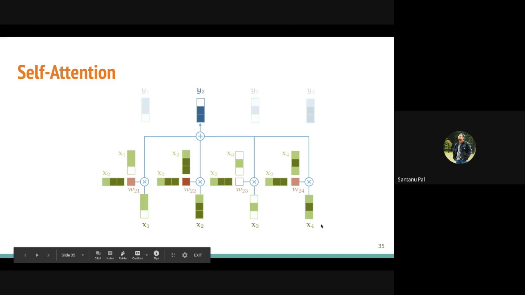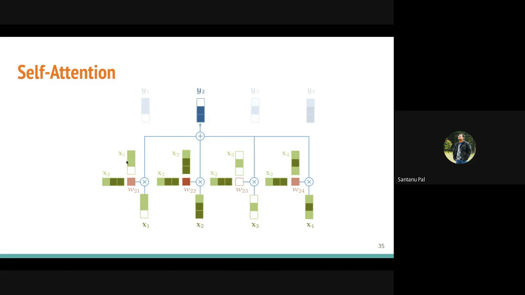Let's say our focus is on x2. This x2 is multiplied with x1, a cross product, and it provides W21, like alpha, a scoring function, you can say.